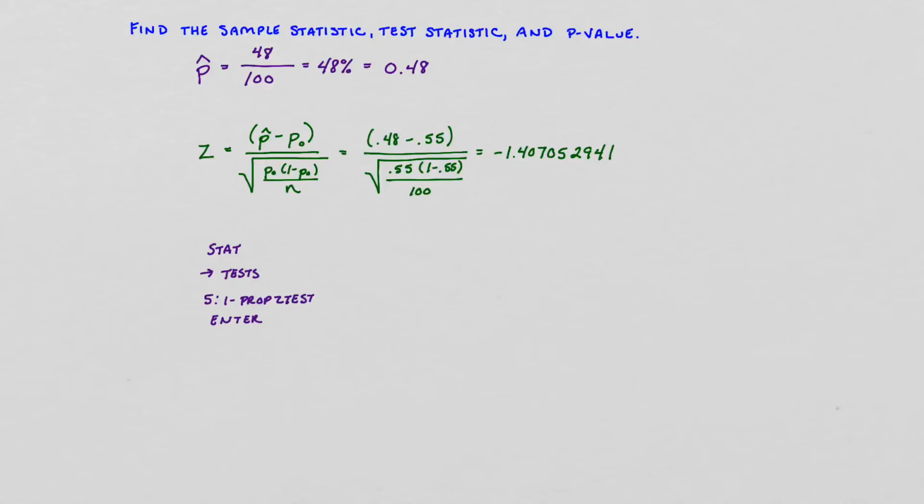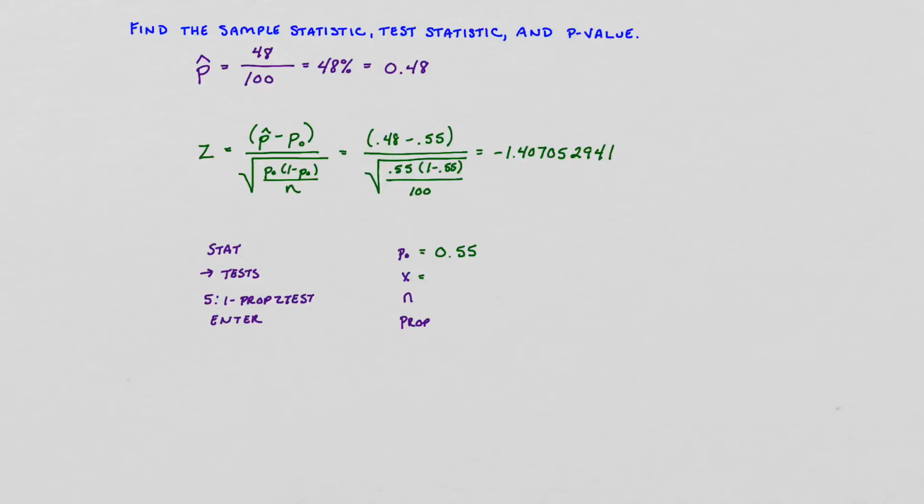And here we are going to be asked to fill in some new information on a new window. So we have p sub 0, we have x, we have n, and then you're just going to see the word prop there. So for p sub 0, again, this is going to be our population proportion. X is going to be the number of successes we had from our specific data collection.